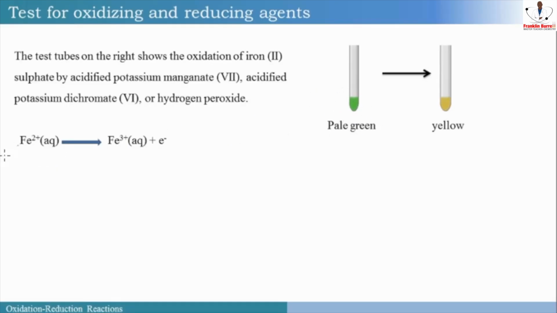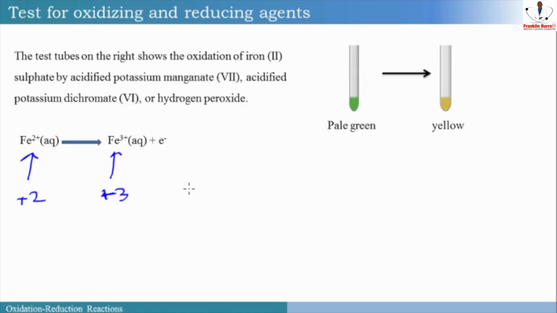Now, if Fe2+, being a reducing agent, is reacted with an oxidizing agent, the oxidizing agent will cause the Fe2+ to be oxidized, thereby increasing in oxidation state from +2 to +3. So the oxidizing agent itself will be reduced.